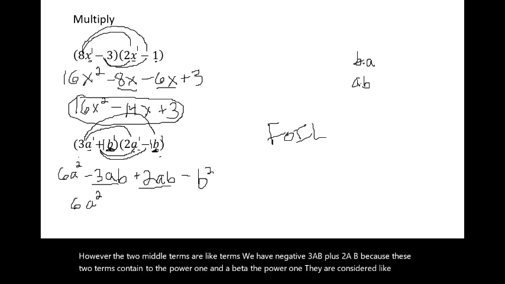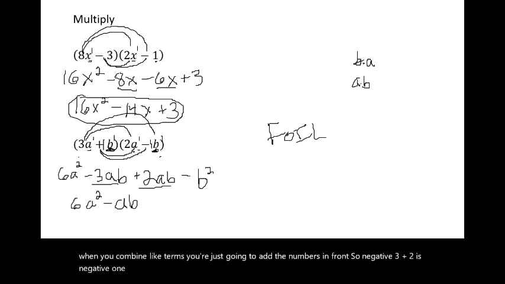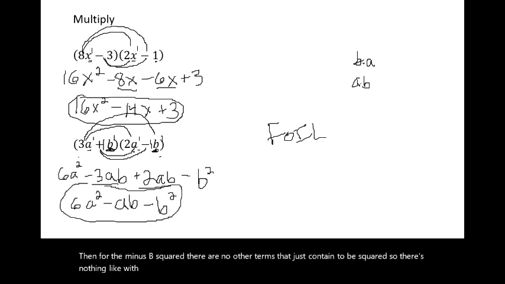So when you combine like terms, you're just going to add the numbers in front. So negative 3 plus 2 is negative 1ab. Then for the minus b squared, there are no other terms that just contain a b squared, so there's nothing like with that. And when you are left with only unlike terms, that is now your fully simplified final answer.